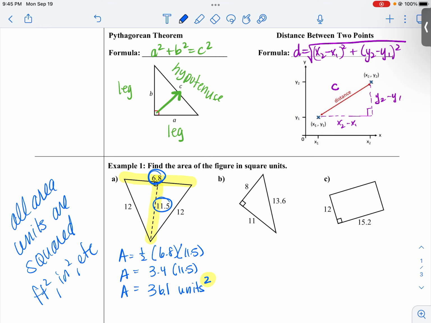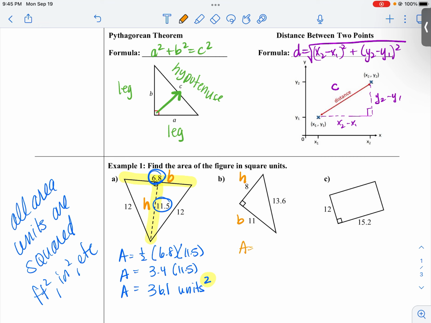All right, so when we look at number 2, B, again, we've got a couple numbers, but I am only worried about the base and the height. This is the base and this is the height. I should label that over here. So the only ones that I'm concerned with are 8 and 11.